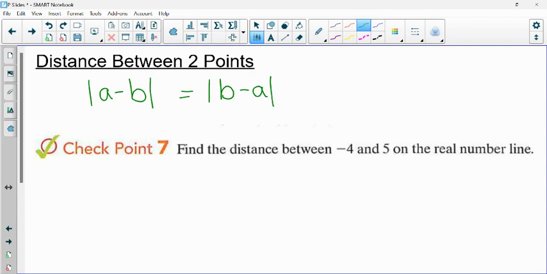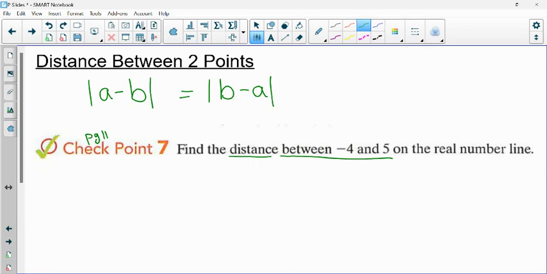So check point 7, you probably want to write the directions to this one. I would just say distance between -4 and 5, if you want to shorten it up. So if we're just talking about two numbers on the number line, we just have to subtract them.